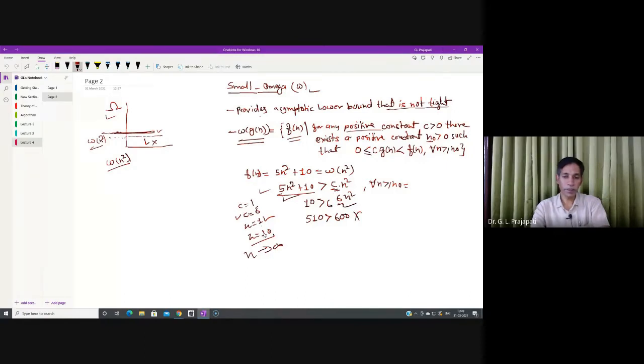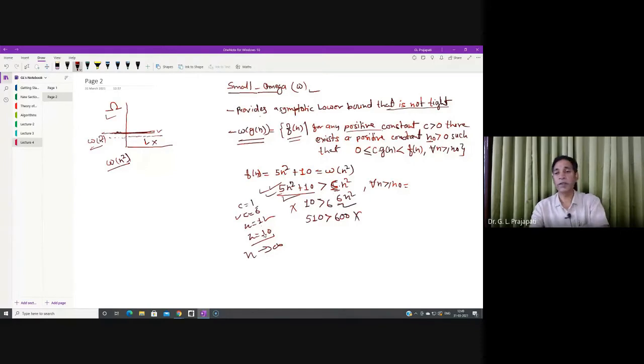So once the constant C is sufficiently large, this relationship is not going to be satisfied, and hence this relationship holds true if and only if C is small, means C should be less than 5.